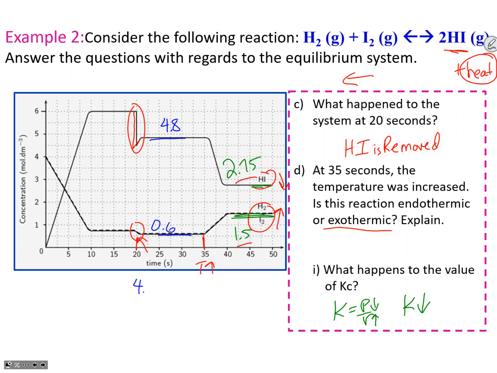If you do 4.8 squared over the 0.6 squared, what number do you get? It is still 64. So, what it's telling you basically off of the graph here is that the only thing that's changing the K is the temperature. So removing or adding is just going to make the positions change, but when you do the calculation, your K value will be the same.